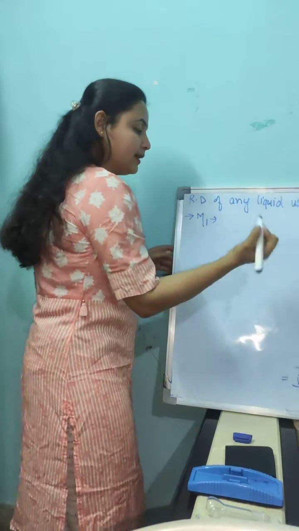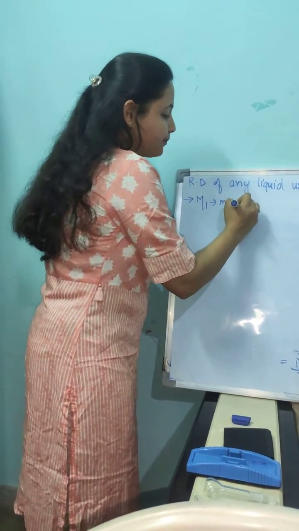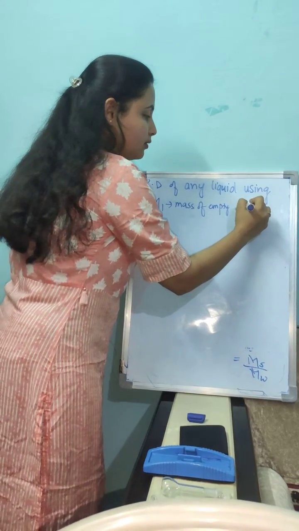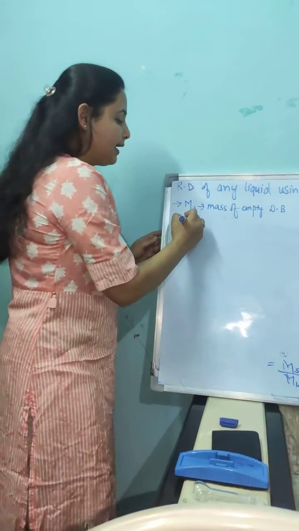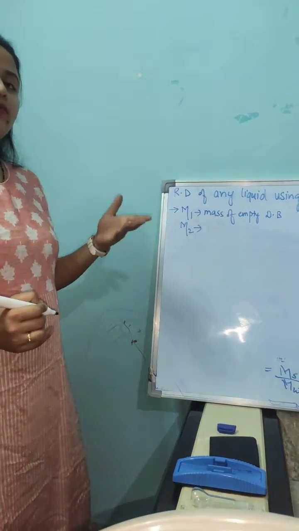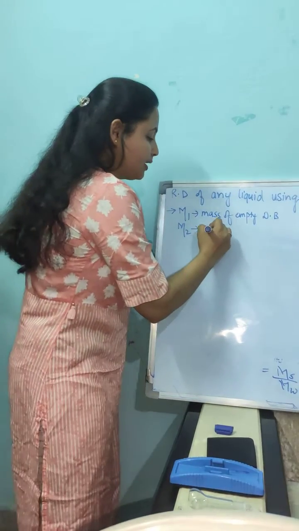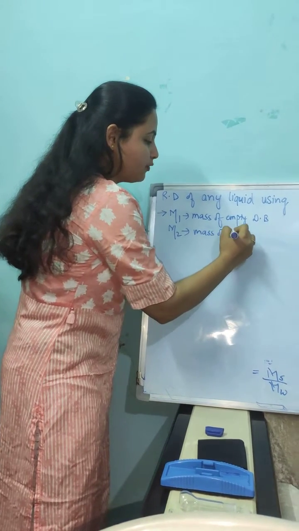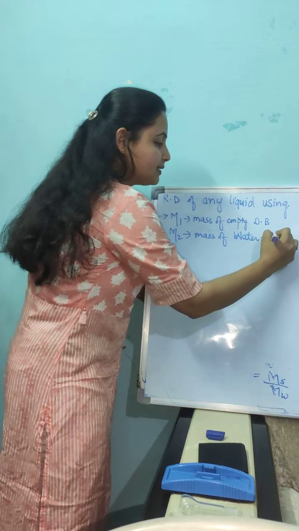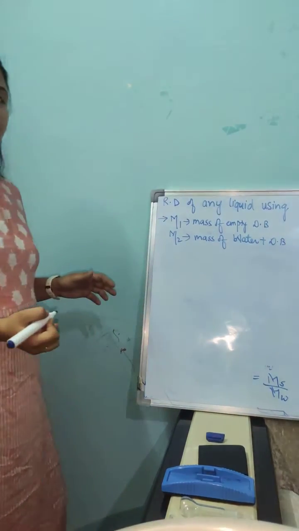M1 is the mass of the empty density bottle. Now M2: I will fill the density bottle with water. M2 is the mass of bottle plus water.